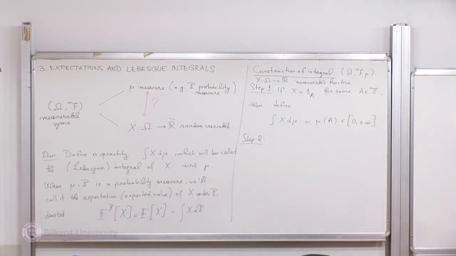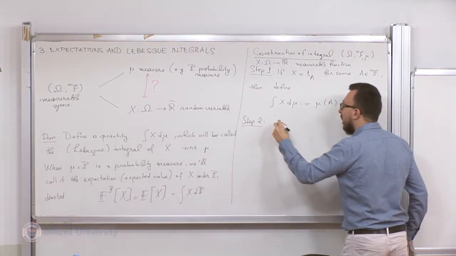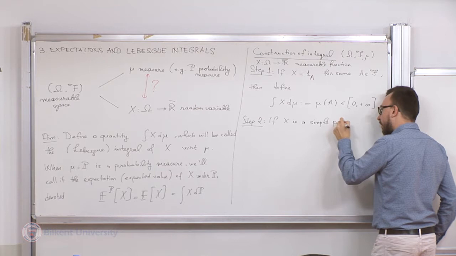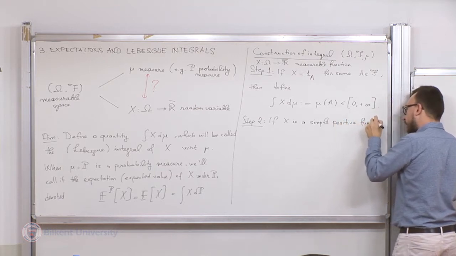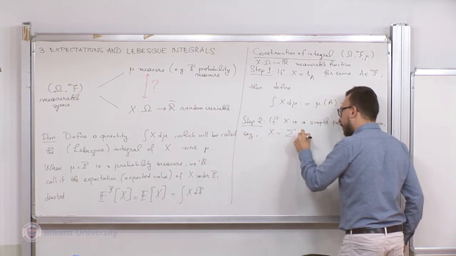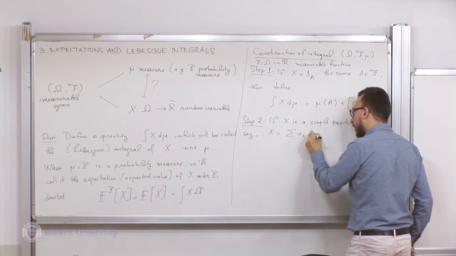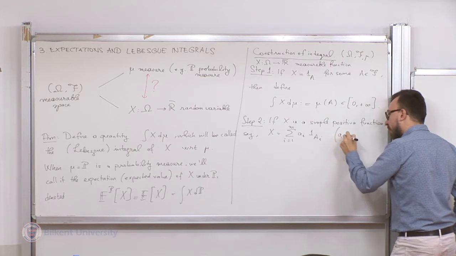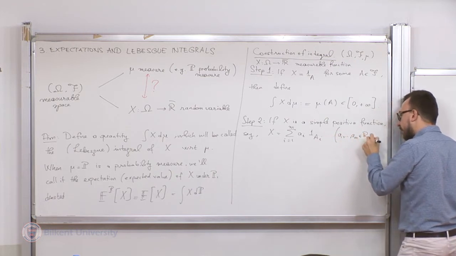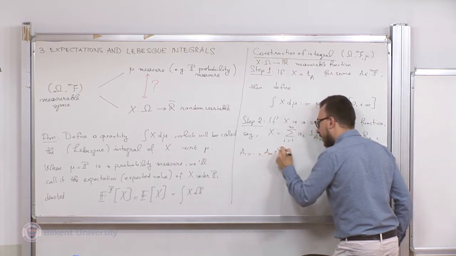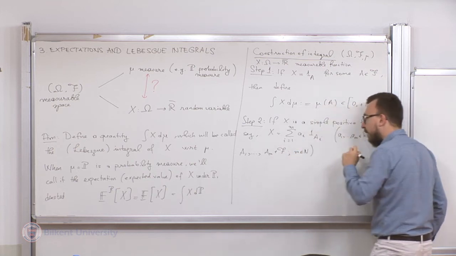And the easy extension of this is to simple positive functions. So if X is a simple positive function, say X is of the form sum of a_i indicator A_i, where a_1 to a_m are positive reals, A_1 to A_m are measurable sets, and m is a finite number, right?